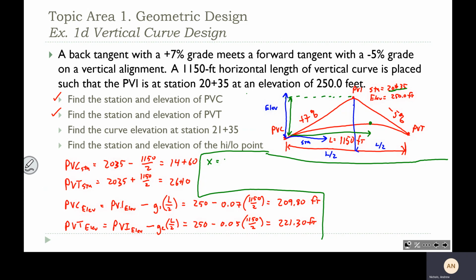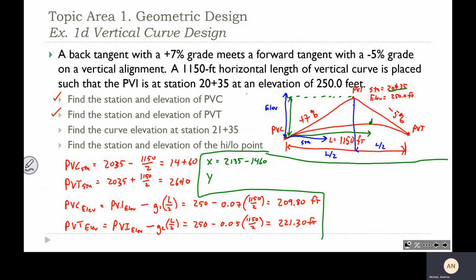So that calculation is going to be 2135 minus 1460, because the station at the PVC is 1460. So we take the station here minus the station at our PVC, and that gives us the difference, which is the value of x.